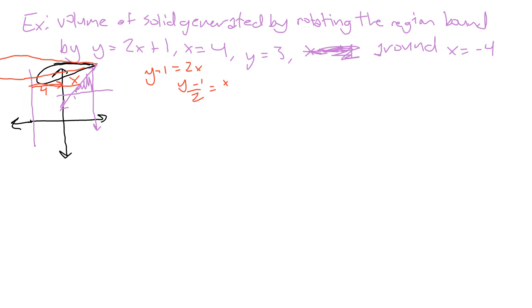Similarly, if we go over to this other one, we get 4 here, and then we get, once again, x equals 4 here. So we can take this into account for our new radii. What we can now say is that our outer radius goes from this 4 here plus this 4 here.